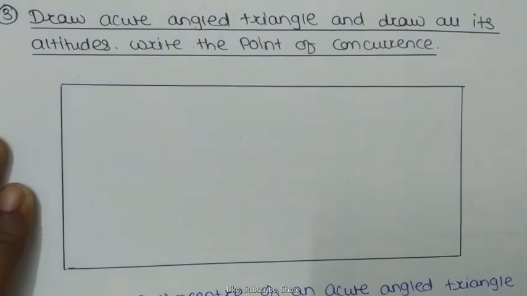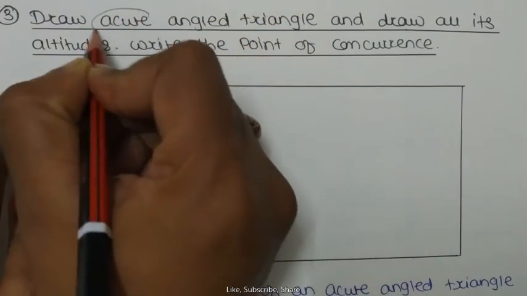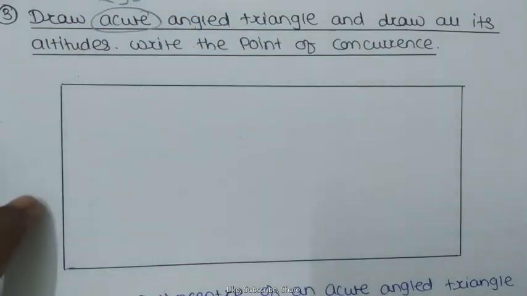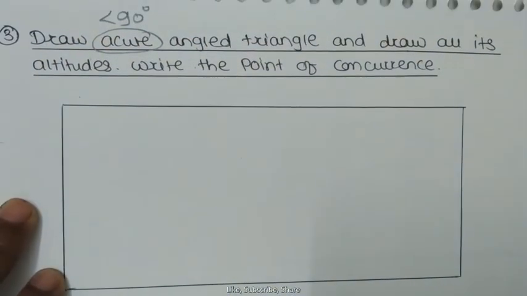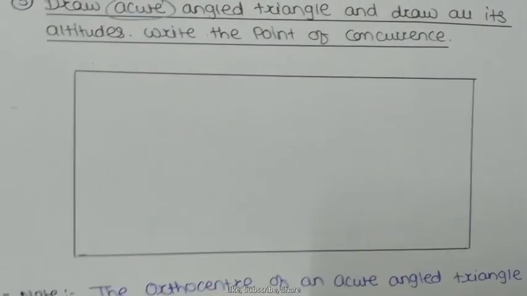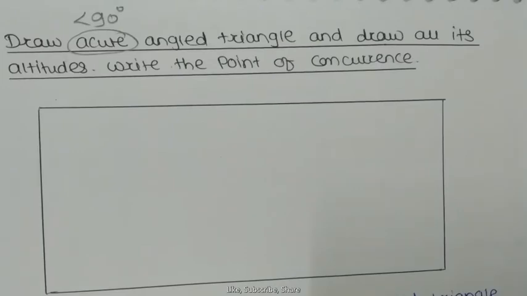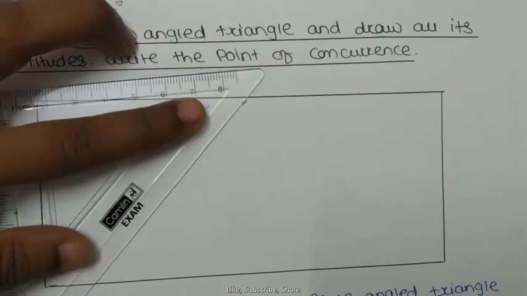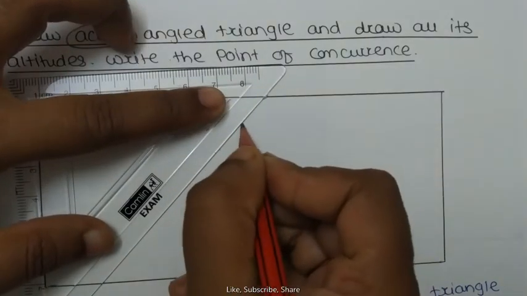Okay. So acute angle means the angle which is less than 90 degrees. The angle which is less than 90 degrees is called an acute angle. Okay. So we have to draw an acute angle triangle first, and next we have to draw all the altitudes of the triangle.